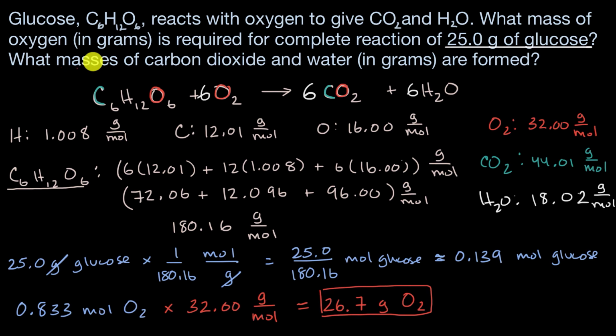And then the next question is, what masses of carbon dioxide and water in grams are formed? Remember, for every 1 mole of glucose, we needed 6 moles of molecular oxygen, and we produced 6 moles of carbon dioxide, and we produced 6 moles of water. So this is the number of moles of glucose we input into the reaction. 6 times that was this. So this is actually also the number of moles of carbon dioxide or water that we're going to produce.